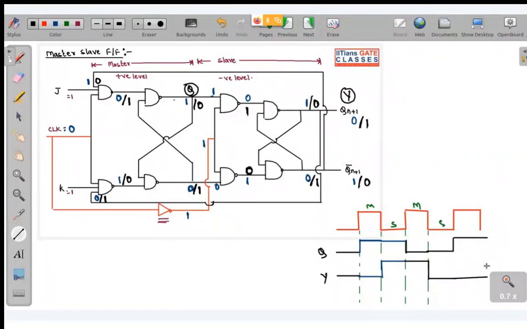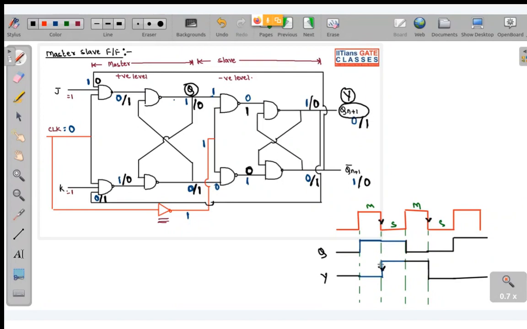Okay, so now you can see that basically this is the output of the whole master slave flip-flop. So this output, you can see it is only transitioning at this particular edges.